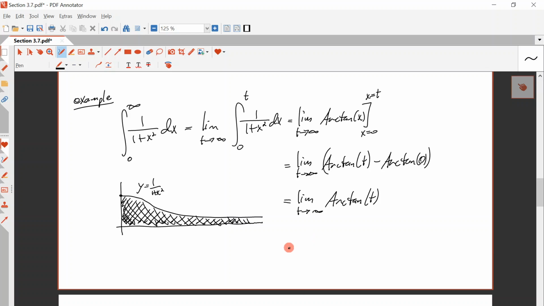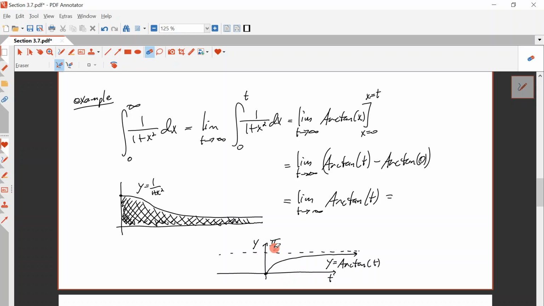Well, the arctangent function, right, has a horizontal asymptote at pi over 2, just like the tangent function has a vertical asymptote at pi over 2. So that's y equals arctangent of t, this is the t-axis, that's the y-axis, and this is the horizontal line at y equals pi over 2.